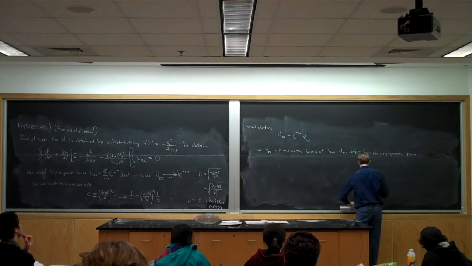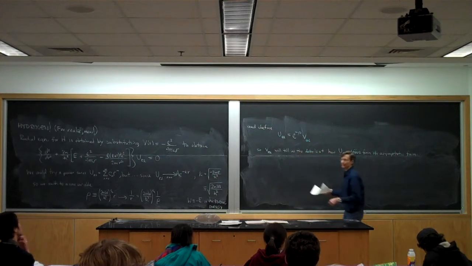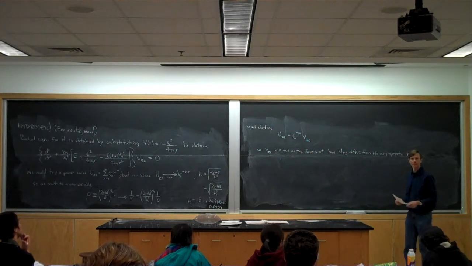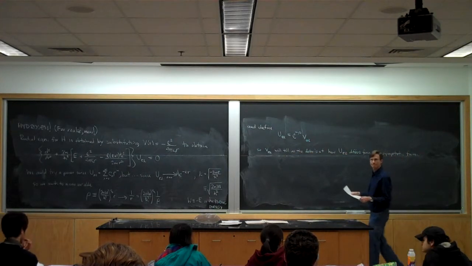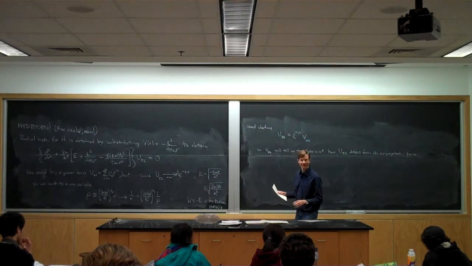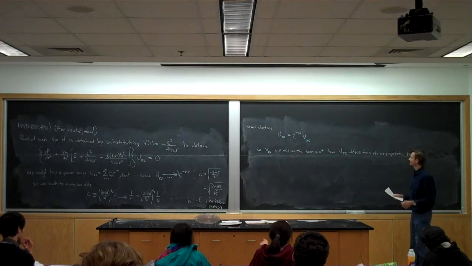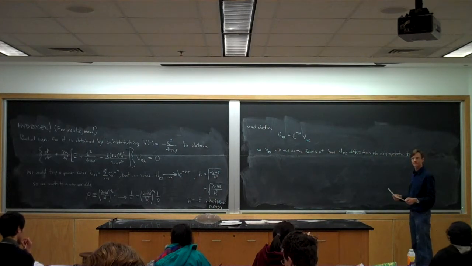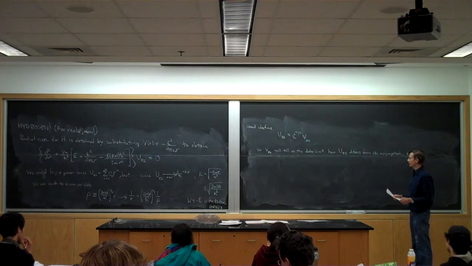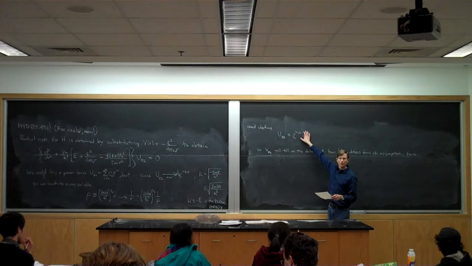And if you're not entirely clear about that, well, just keep watching and things are going to drop out for us here. So, question? Okay. So you're saying that as R goes to infinity, we know that U_EL looks like e to the minus rho.